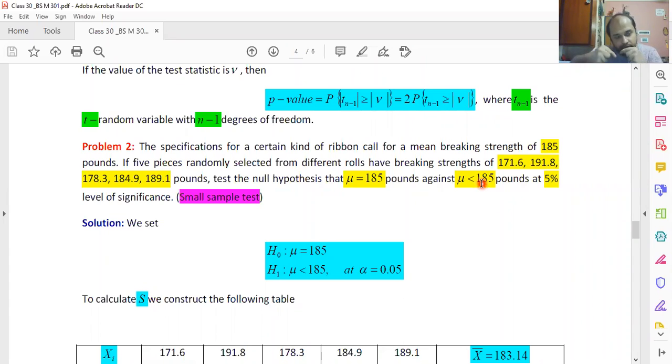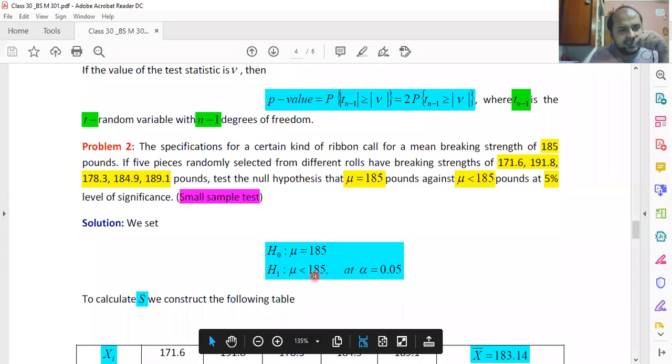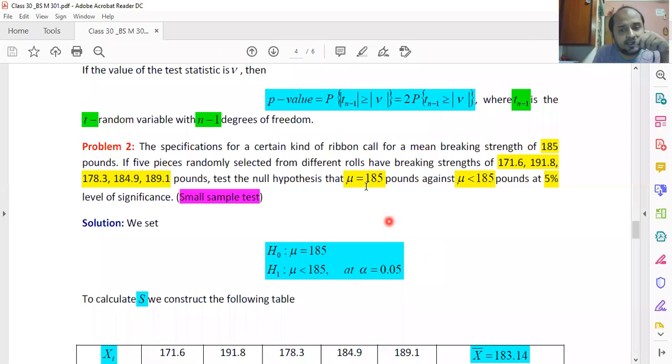We make the ribbon in such a way that the mean breaking strength is lesser than that. We don't want to put the greater than symbol over here. Mathematically you can set that, but it would not be practical from a manufacturing point of view. But although here in this particular problem, what alternative hypothesis you are supposed to assume is already mentioned.